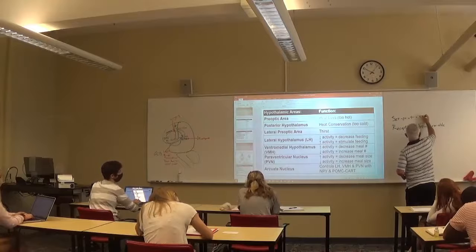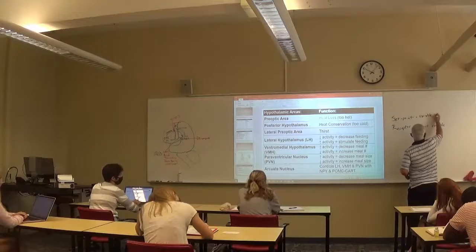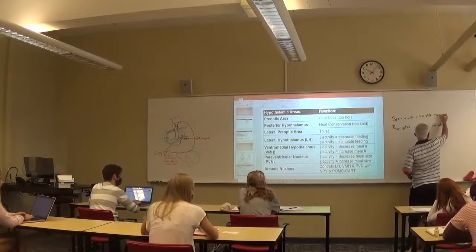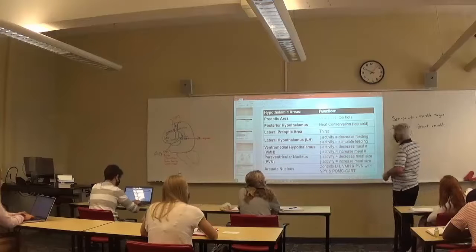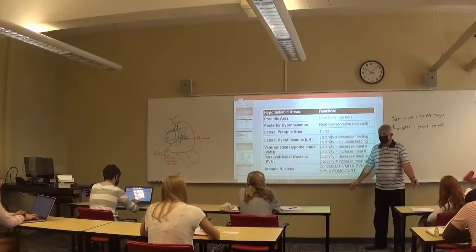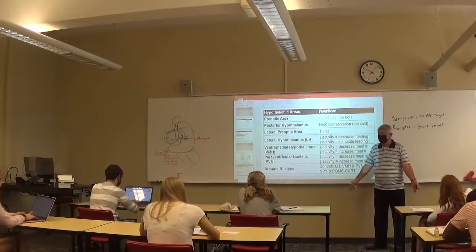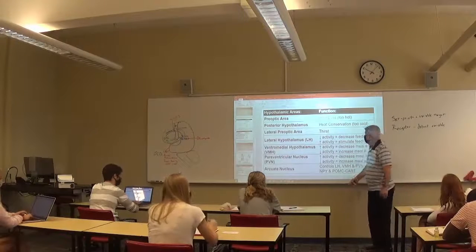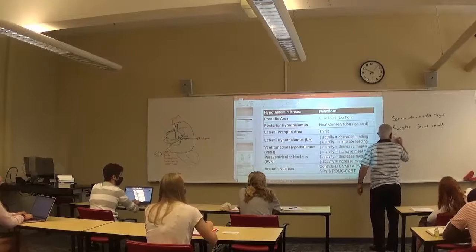This is our variable target. We have to have receptors that can detect, are we at our target, or do I need to push it down or up? So then we're going to have a regulator.